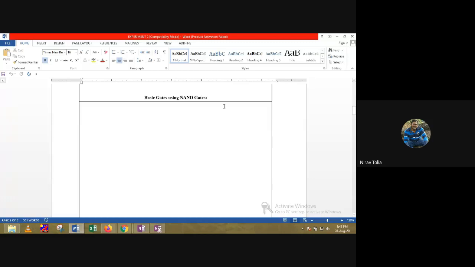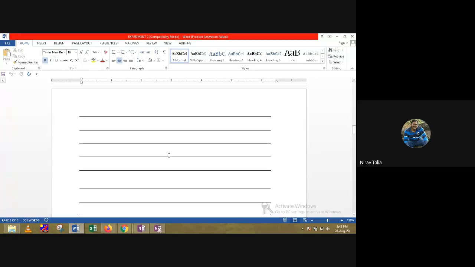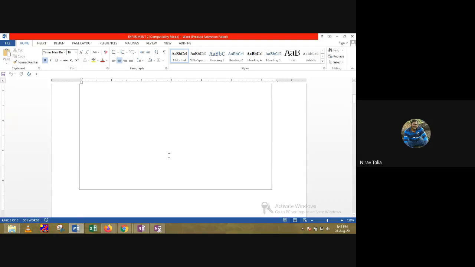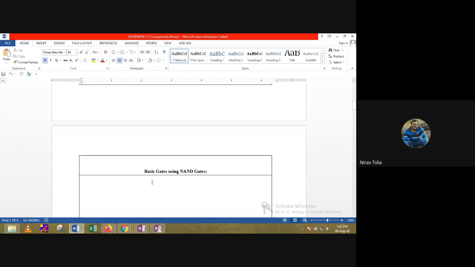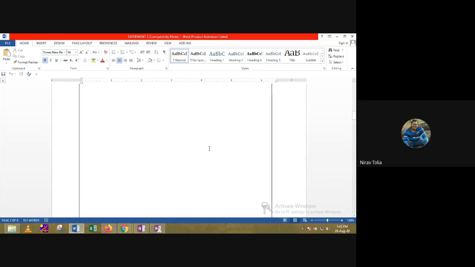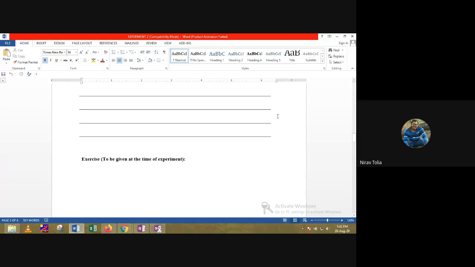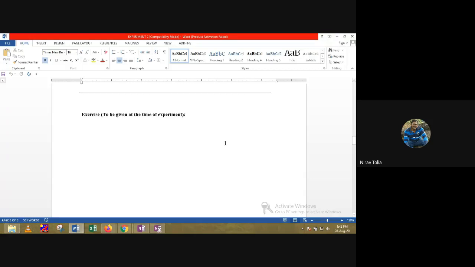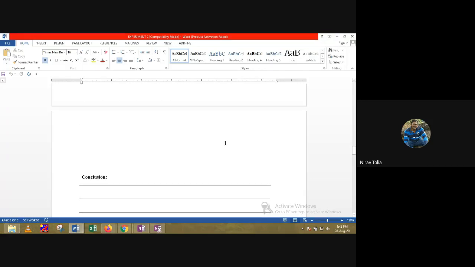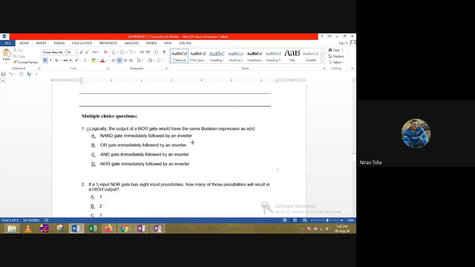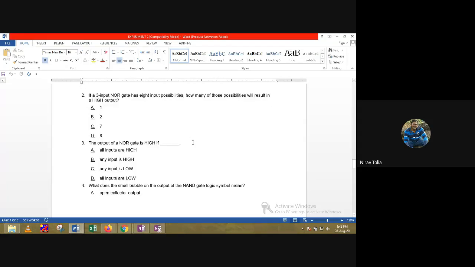Then for the basic gates, AND, OR and NOT, you have to draw the AND gate, OR gate and NOT gate by using a NAND gate, and also draw the AND gate, OR gate and NOT gate by using a NOR gate. Then you have to write down the procedure in your own language. The exercise I have not given right now, then the conclusion, and again there are some question answers.